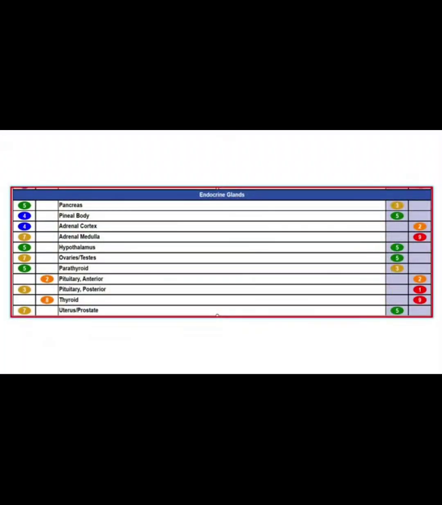So what do we want to think about when it comes to the lymphatics as far as other things that you can look at in your scanner? Well, one of the things that you can do is go to vitals and look at the endocrine system, because what's going to be dealing with a lot of stress in the body is the adrenals.